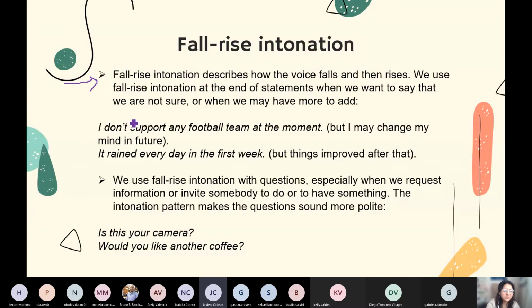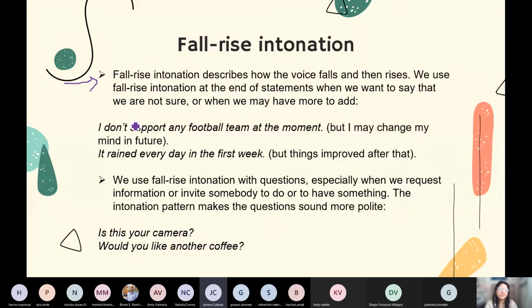So here, for instance, we have, I don't support any teams at the moment, but as we are not sure, we shouldn't pronounce that just with a falling intonation, because it's telling me that maybe I can change my mind later.